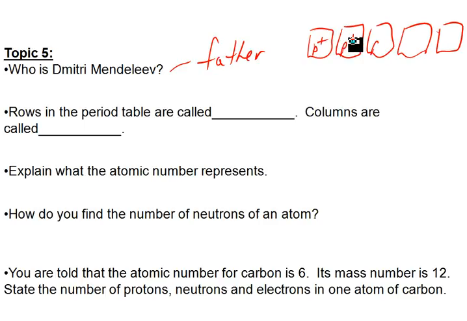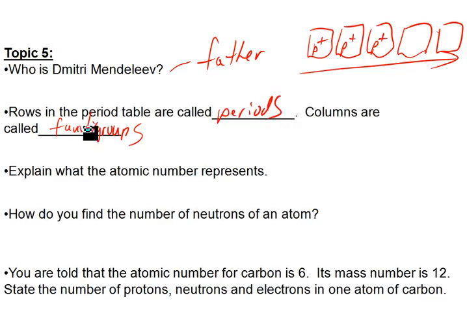So there's an order and an arrangement to the periodic table based on the number of protons. Rows in the periodic table versus columns: columns we often call families or groups, and rows are called periods.